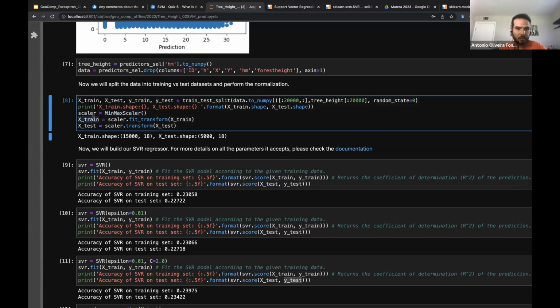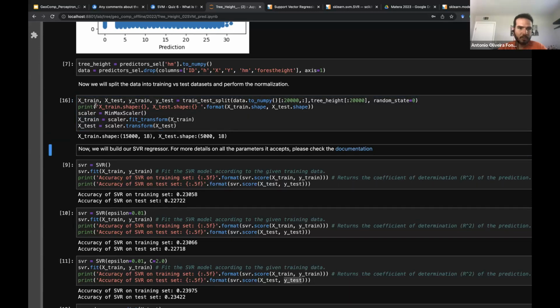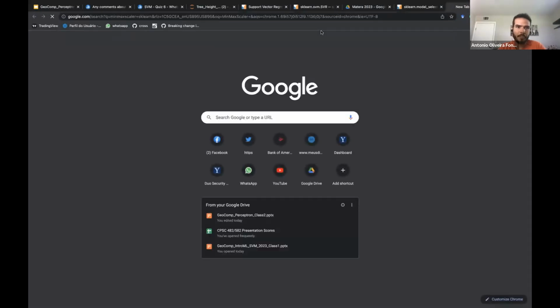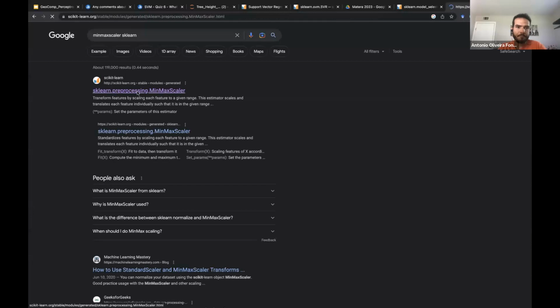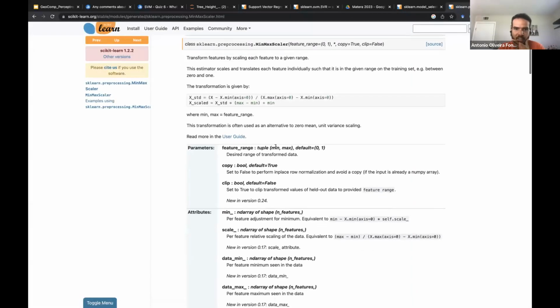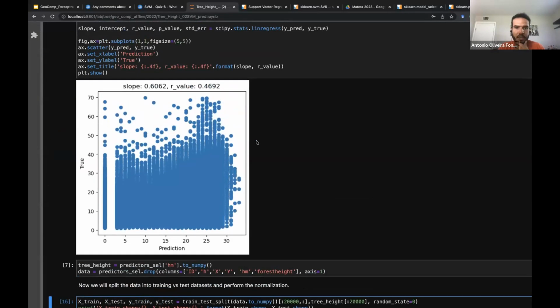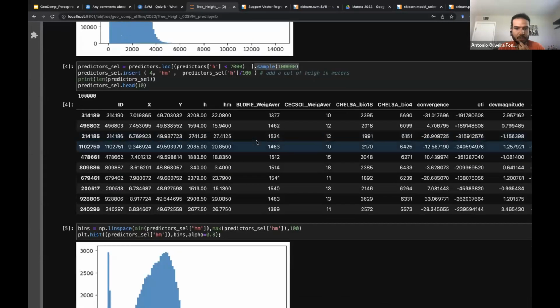Maybe I could plot some samples. I should have plotted some samples before and after the scaling. But what the min-max scaler is going to do is the normalization of each one of these columns for you. Each one of these columns in this data set originally has a different range.